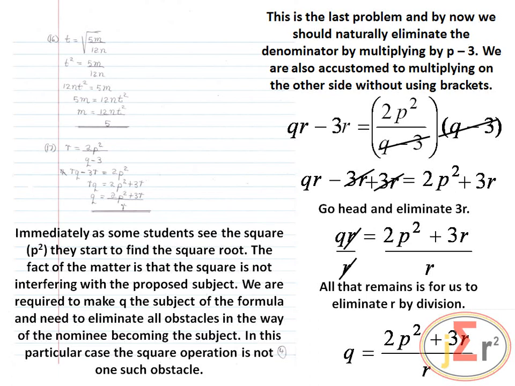In this particular case, the square operation is not one such obstacle. Right, so the square operation that we have right here belongs to p, and we are attempting to make q the subject of the formula. Therefore, that square is not interfering in any way with our proposed subject. Therefore, we do not have to consider the square root at any single time.